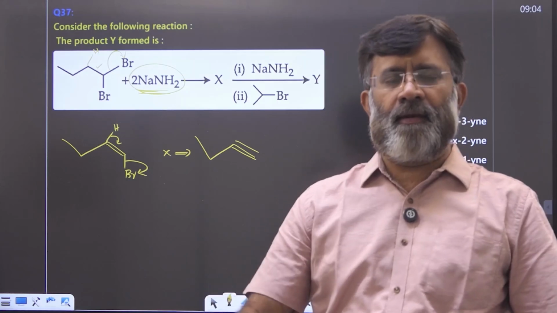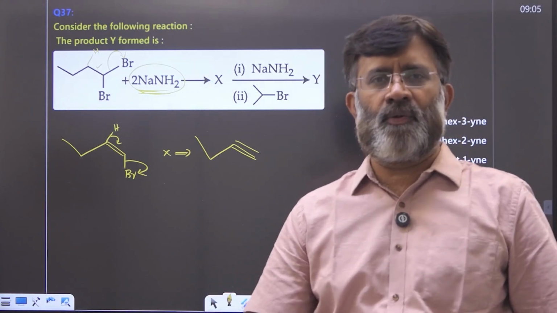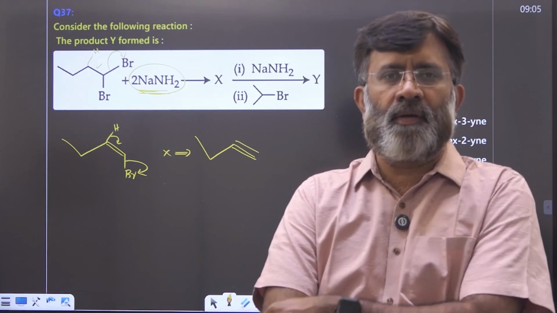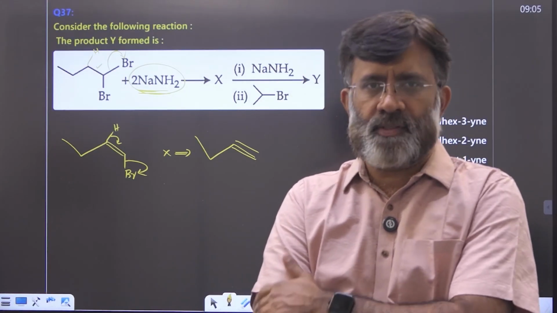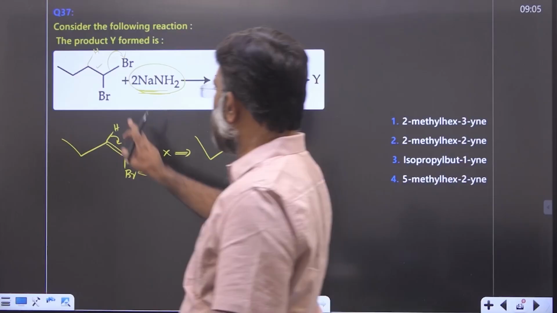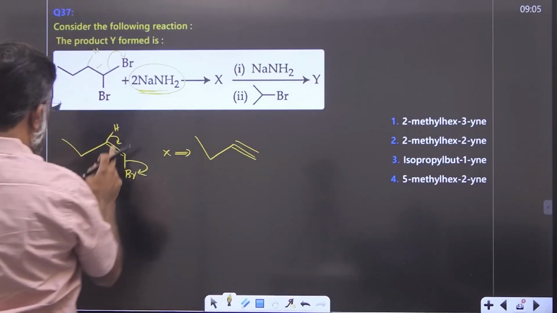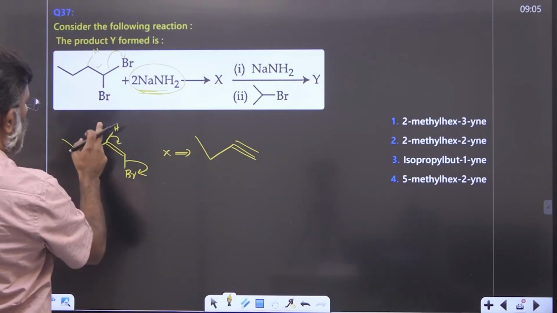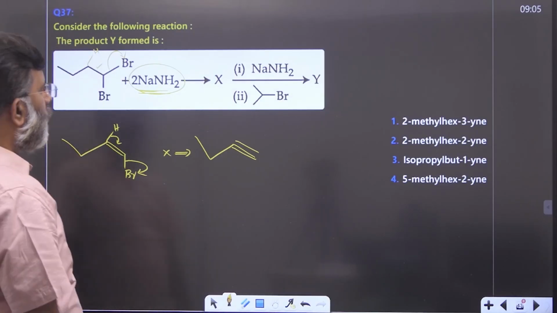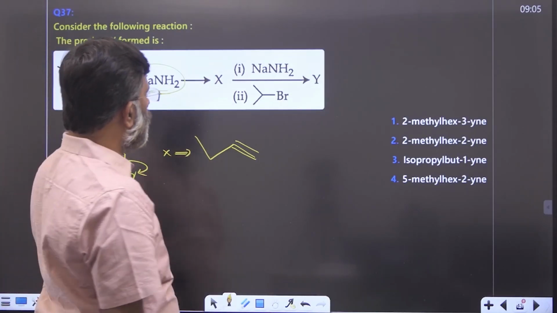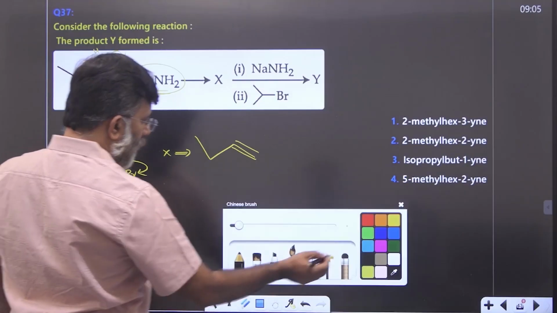NaNH2, sodium amide, acts as a very good dehydrohalogenating, alpha-beta eliminating agent. One of the bromines goes and a hydrogen goes, and you get this. Again, once more bromine and hydrogen go, and you get this. This is X. Now again it reacts with NaNH2. What is going to happen?